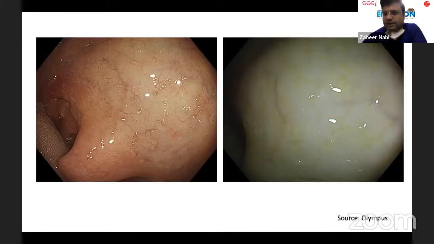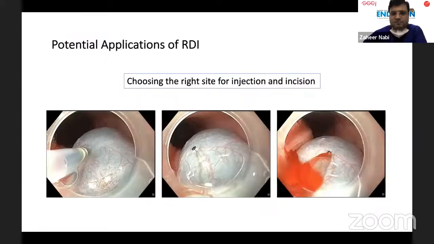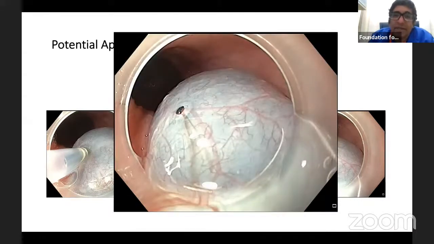You can try and avoid these deeper vessels. Sometimes in POEM or in ESD, if you hit a blood vessel, it can cause bleeding and your dissection planes are lost. So you want the initial incision to be very clean, and RDI may help in that.